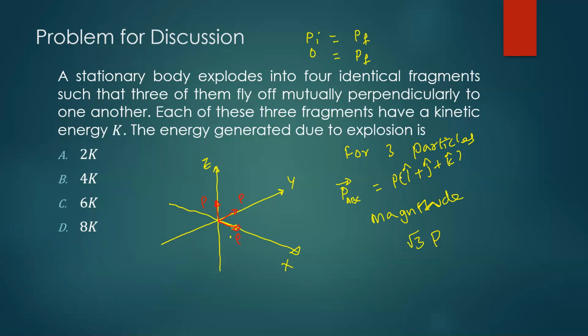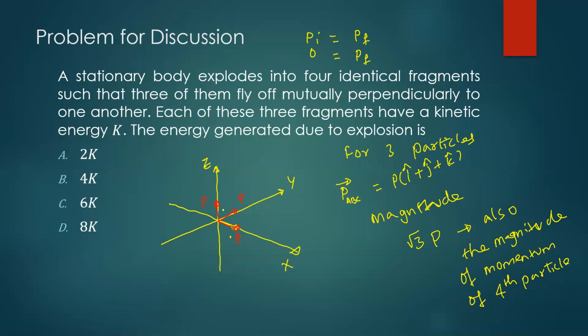I think you know how to get that. The magnitude of this is also the magnitude of momentum of the fourth particle. But the direction will be opposite. So the vector sum of these three goes in a 3D direction, and the other particle will go in the opposite direction.